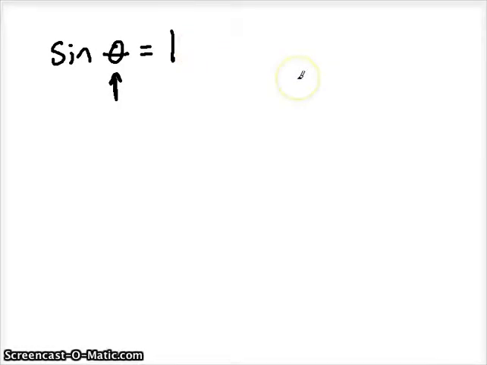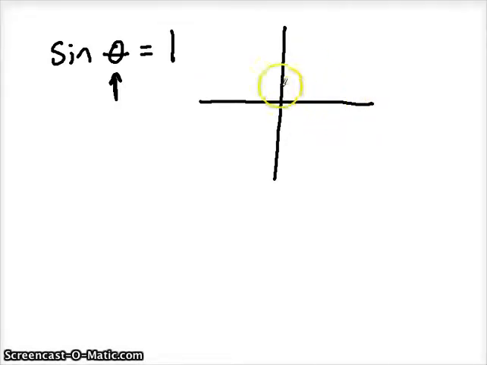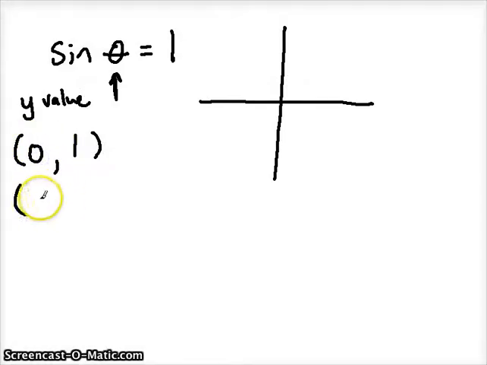The first thing I'm going to think about is where am I at on my unit circle or my coordinate plane here. If I want a y value that's equal to 1, you can think about the coordinates. You could have 0, 1.